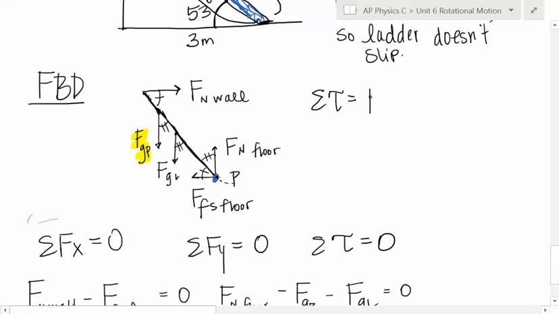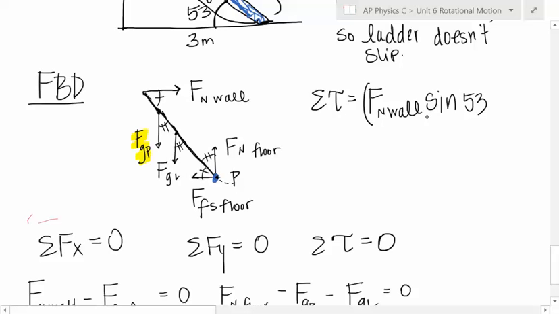we'll have the force normal from the wall, but not all of that force is perpendicular to the ladder. It's perpendicular to the wall, but not perpendicular to the ladder. So remember, we need the perpendicular component. So sine of 53 degrees.